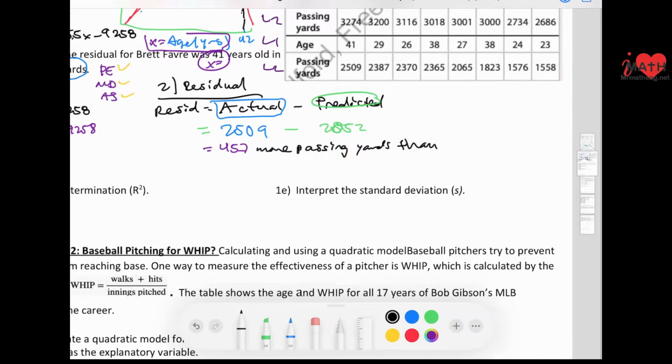Which is pretty good for an old guy. Do you see why it's better that he went over? Because in football, you get a lot of passing yards, which means you have a strong arm, you're an accurate quarterback. Shouldn't say accurate, but you can pass a lot based on the quadratic model.